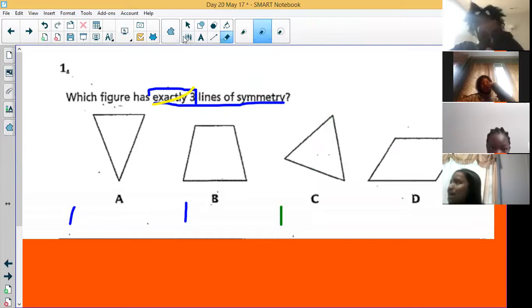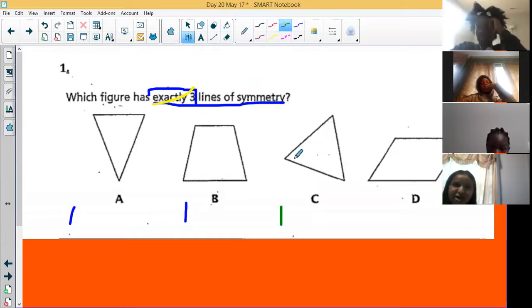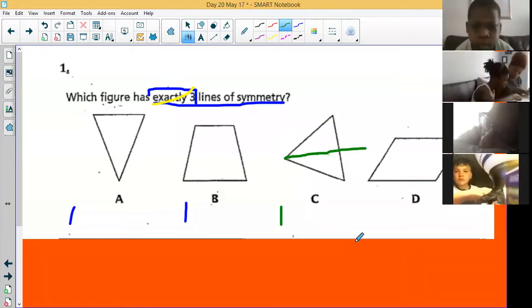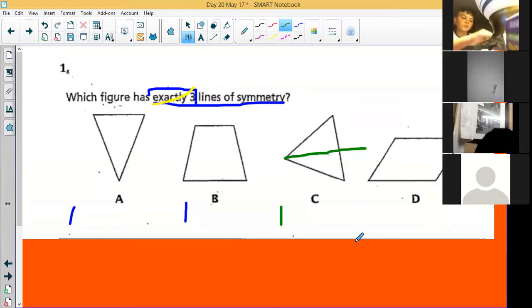And let's draw another line of symmetry from this corner straight across. Everybody look at that one. Tatiana, is that a line of symmetry?